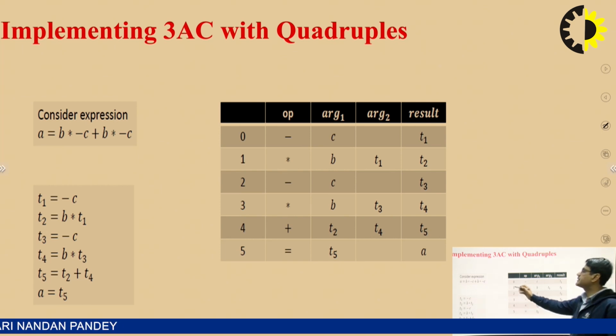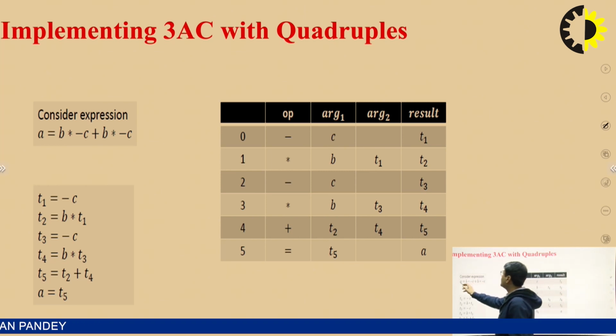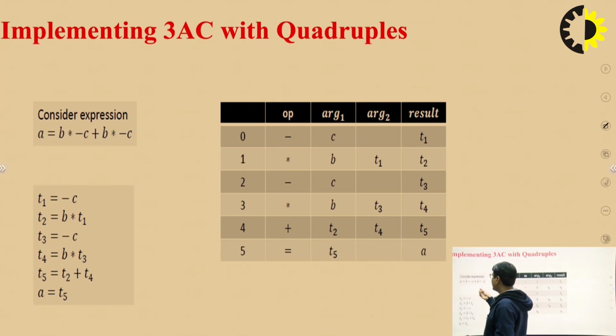Because if you take this expression and convert it directly, you first have to find out the priority order of the operators, which operator operates first and which after that. Then you identify the operator, then identify their arguments, the operands. Then you put them into the table and generate temporary variables.